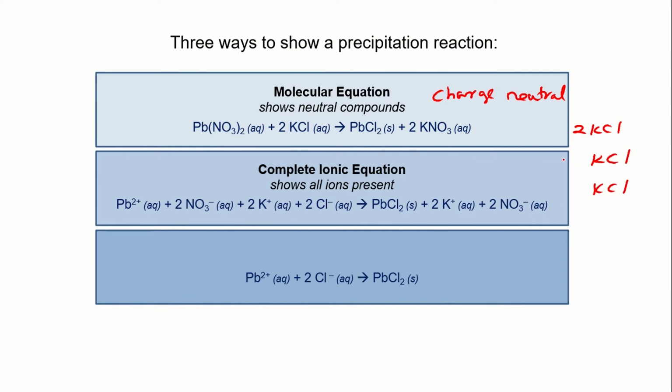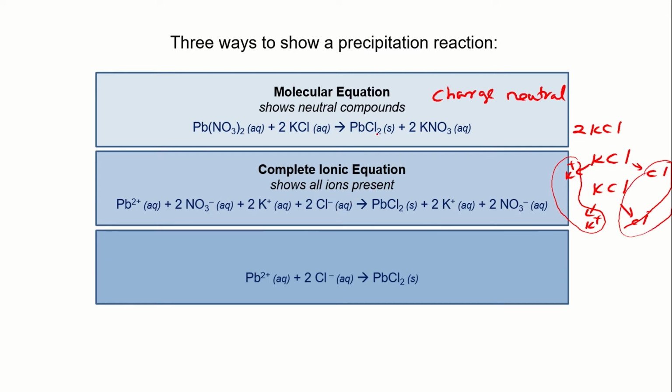And when this breaks down, you get K plus from that and Cl minus from that. This gives K plus, this will give Cl minus. So these K pluses are shown as 2K plus, and these Cl minuses are the 2Cl minus.